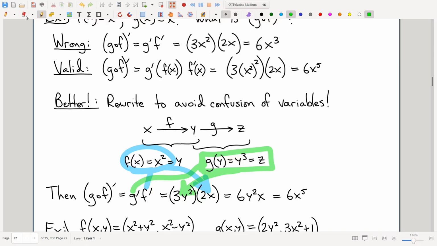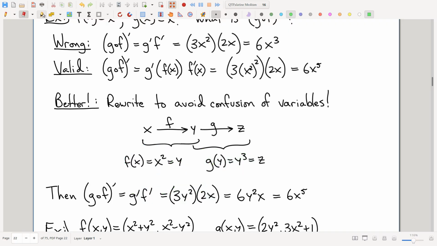And then at the end, you recognize that the composition is a function of x. The derivative should therefore be written entirely in terms of x. That's your prompt that I should figure out how to get rid of this y. How am I going to get rid of y?